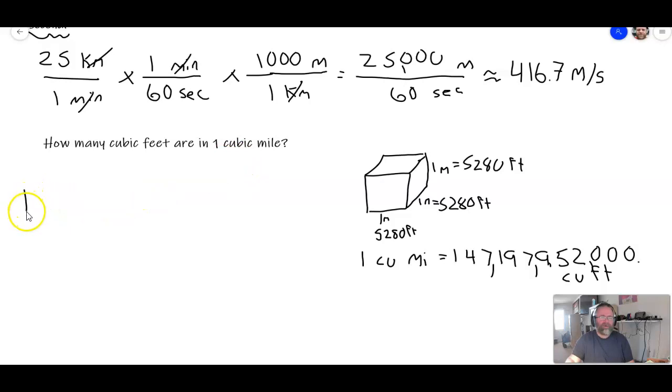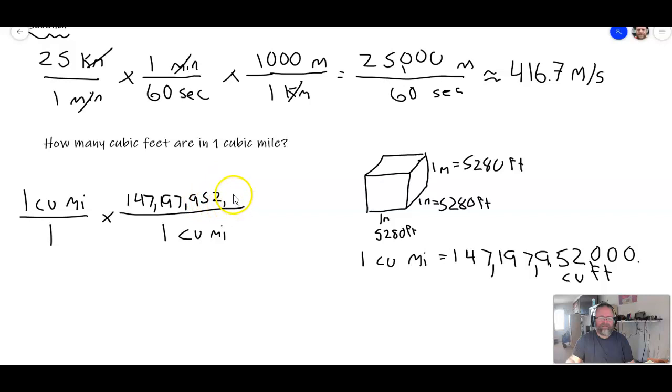Because if we start with the known quantity here, 1 cubic mile, and I'm going to put this over 1, just makes it a little bit easier when I do multiplication. And remember, our unit fraction, we want the cubic mile on the bottom, so 1 cubic mile over, and on the top we're going to have that really long number, 147 billion, 197 million, 952,000, and cubic feet.